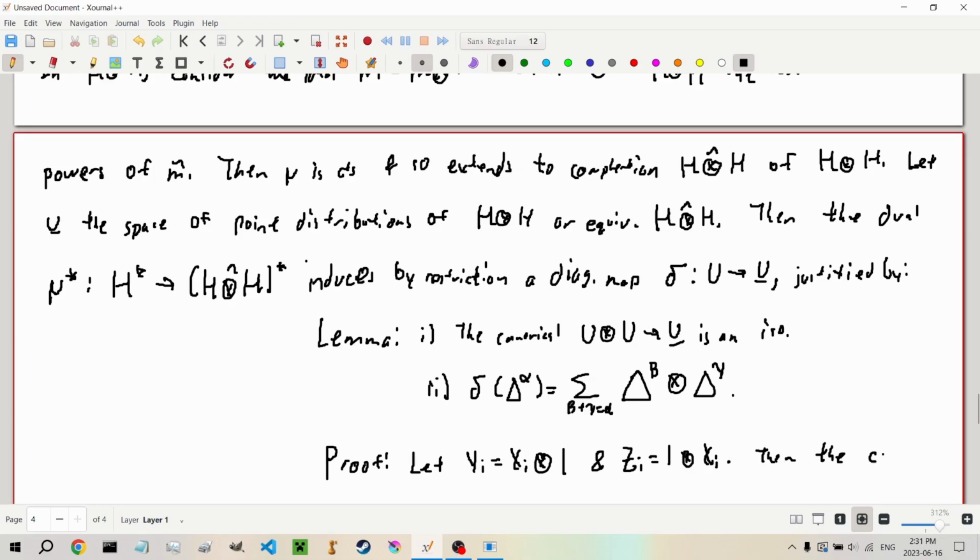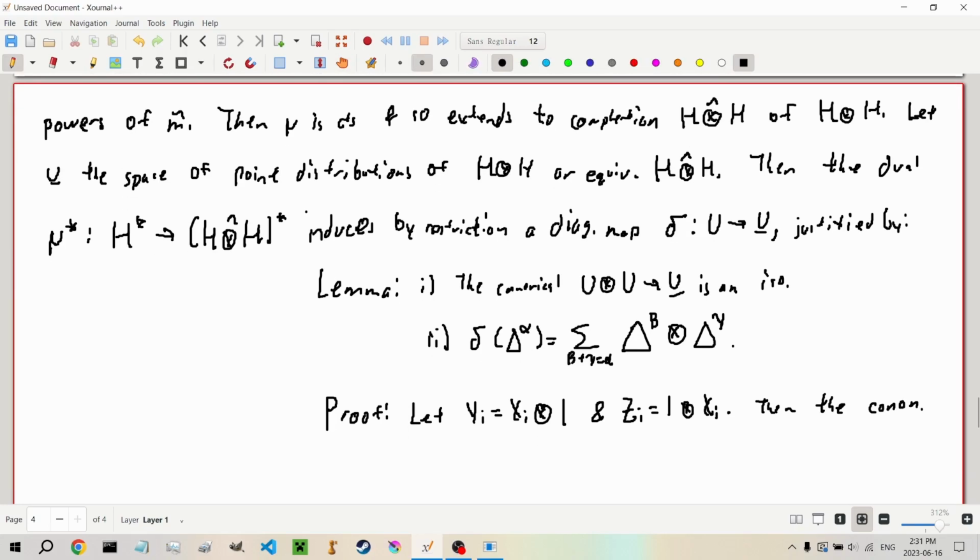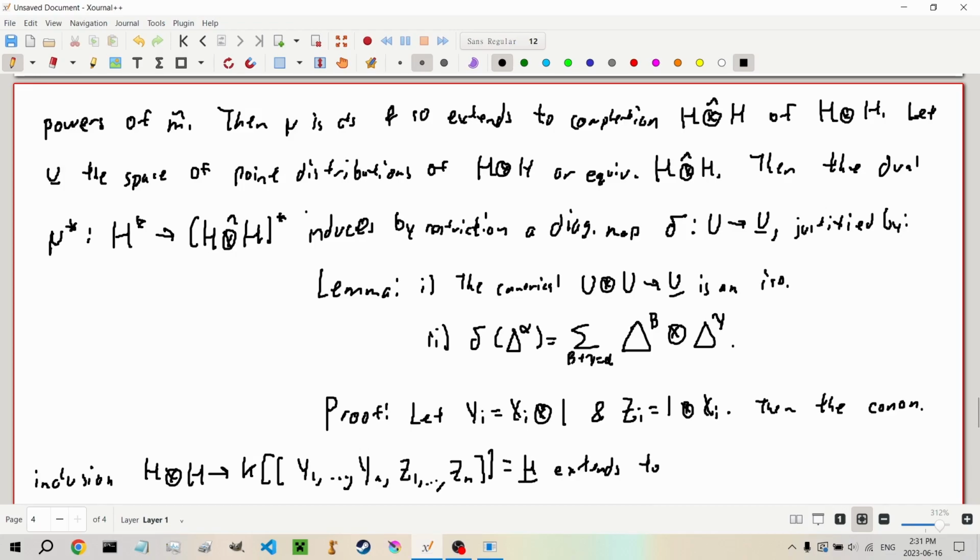Then the canonical inclusion h tensor h to k of y1 through yn and z1 through zn, which we write as h underline, extends to an isomorphism of the completion of h tensor h and h underline.